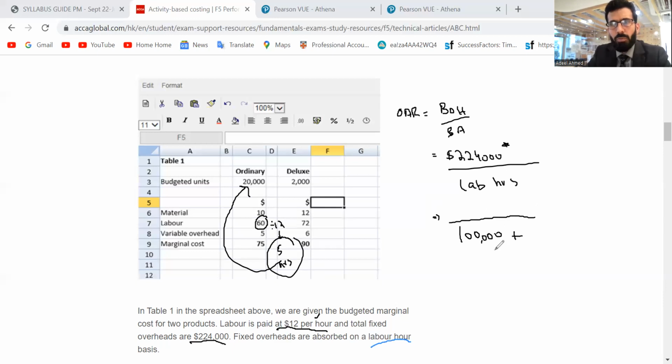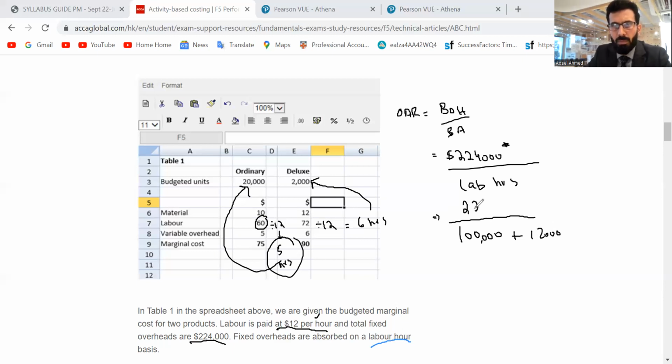In the same period, we are also going to make deluxe. With the labor cost per unit being 72, it turns out that 6 hours are required to make 1 unit of deluxe. With a budgeted 2,000 units, we need 12,000 labor hours to complete the production of deluxe as well.